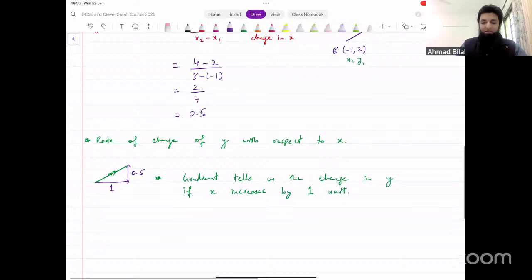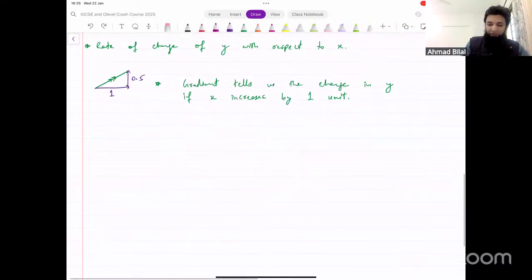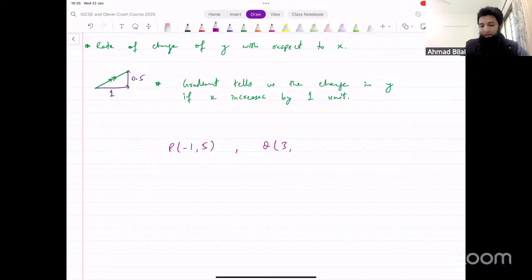So for instance, for a particular line, let's say we have a line and that line has a gradient of some negative value. Let me actually take a set of points. Let's say I have a point P with coordinates -1 and 5, and another point Q with coordinates 3 and -3.